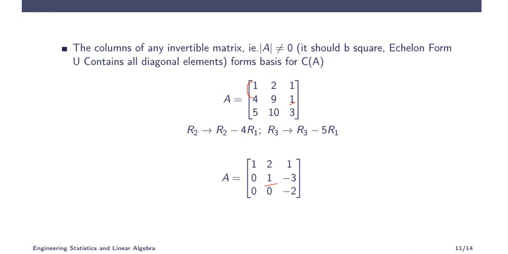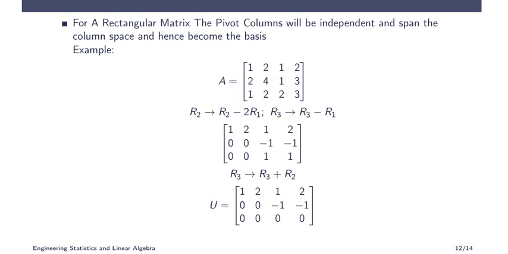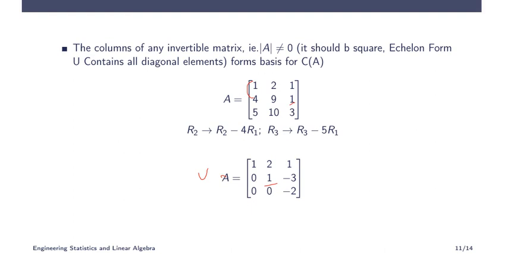Now if you see here, this is the U form, upper triangular form, right? So instead of A you can write here U. So U is equal to this one. Now from this, what we can understand is that we have seen that an upper triangular matrix is always linearly independent.